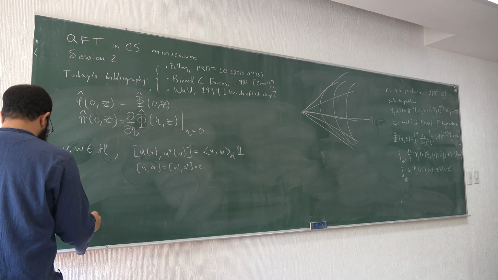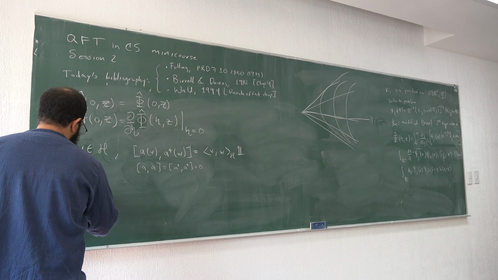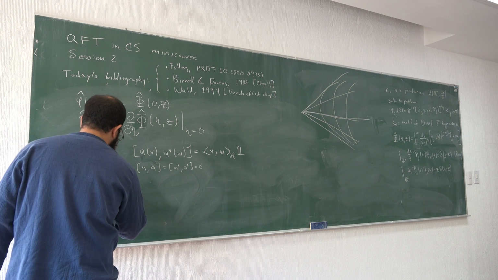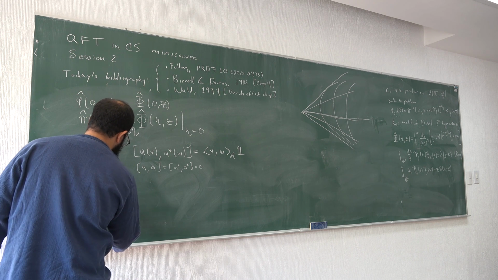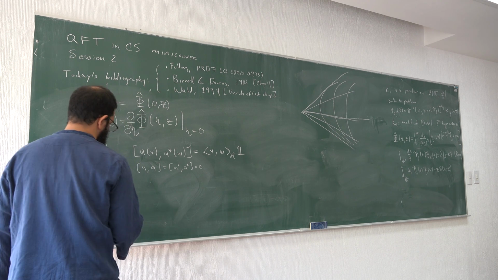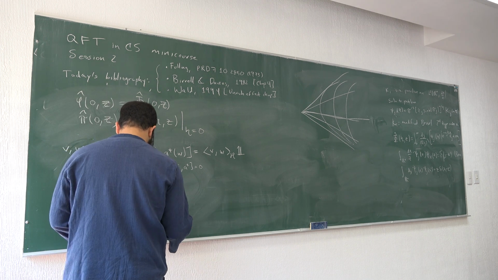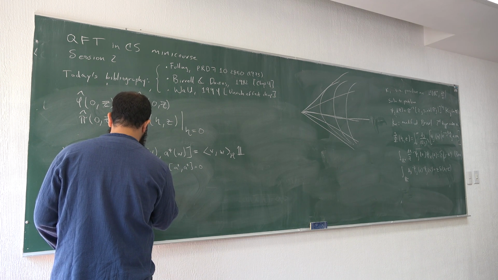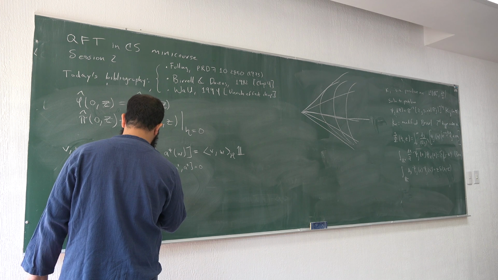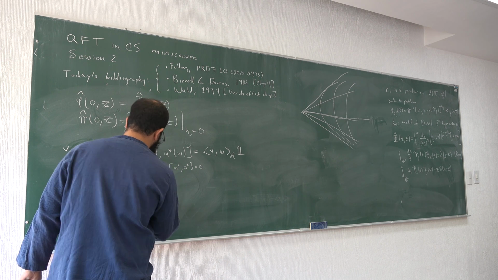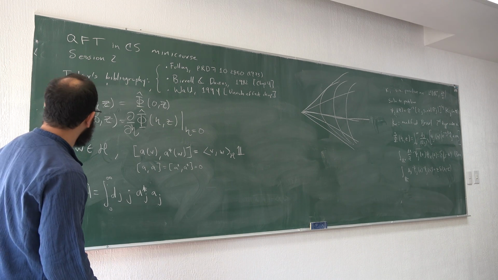Finally, we have a Hamiltonian for the theory, which is equal to the integral of dj, which is our spectral parameter, j, of A star j, A j. That's the Hamiltonian of the theory.